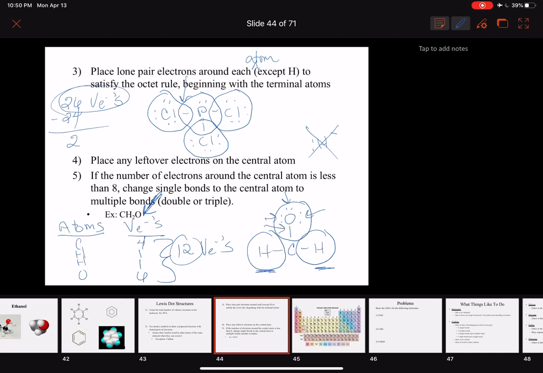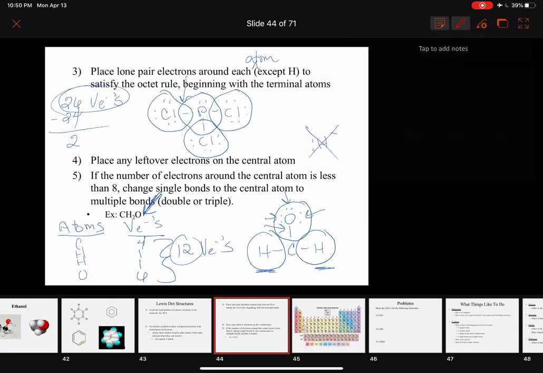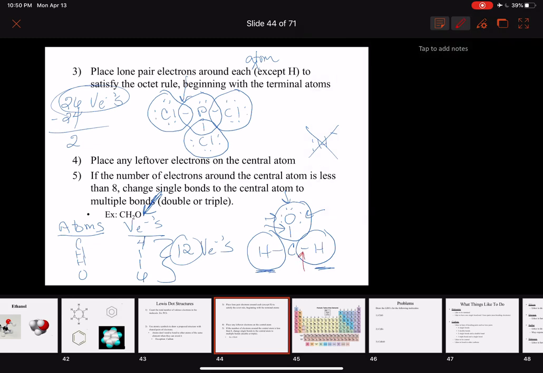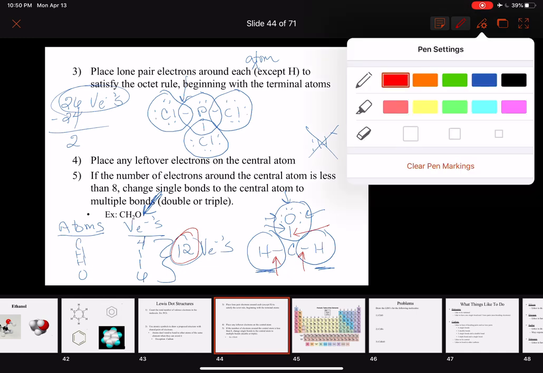But there's something wrong with this structure. It's the carbon in the center. The carbon only has a sextet. So if we look right here, we can see we've got 2, 4, 6. And the rules are we have to use up 12 valence electrons, and we have to give everybody an octet, or in the case of hydrogen, a duet. So we have to fix something here.